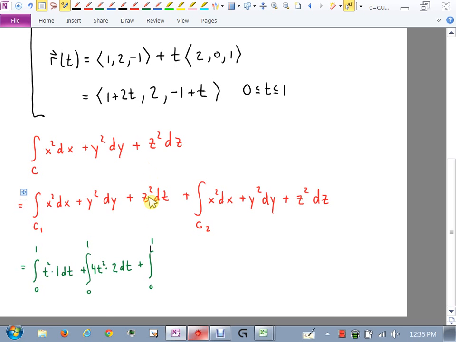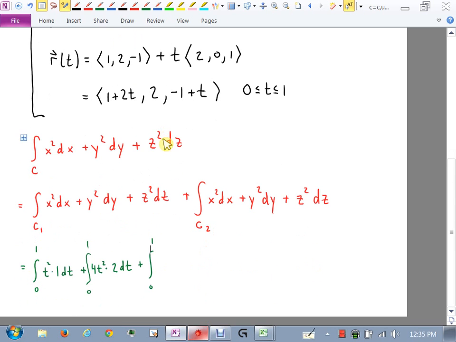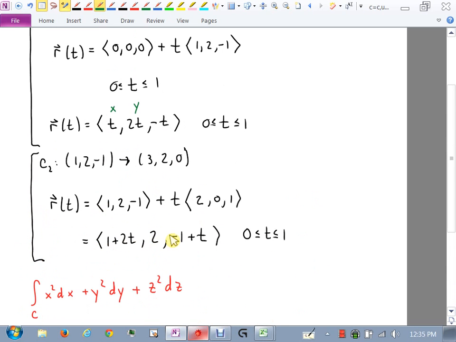Now I do z squared. What's z? Come back up here. It's negative t. Square it, t squared. What's dz? Negative dt.